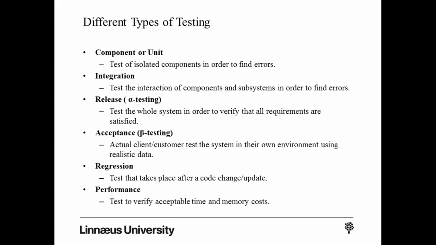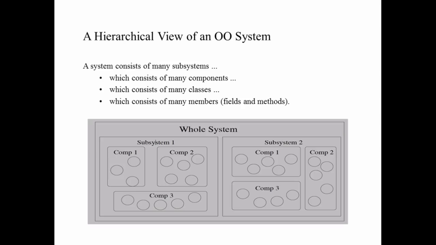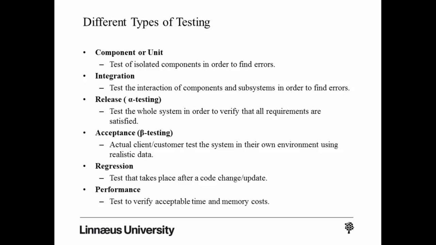Coming to the different components of the system, we have different types of testing. The most commonly used and simple kind of testing is component or unit testing. In this kind of testing, instead of testing the whole system or a subsystem, we select the smallest components and test those components individually in isolation.